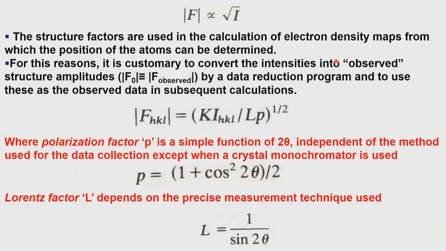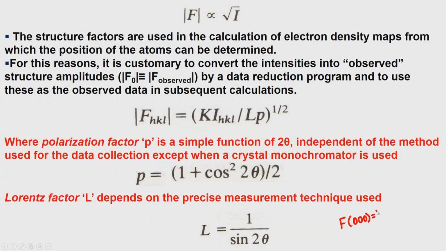So, we can normalize all the structure factors with respect to the total number of electrons. In other words, the quantity F000 is equal to the total number of electrons.